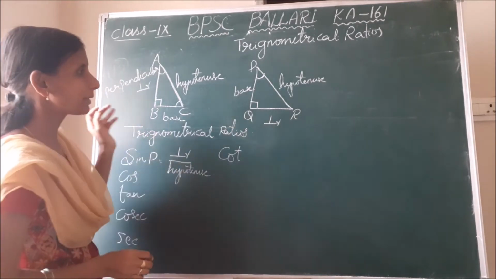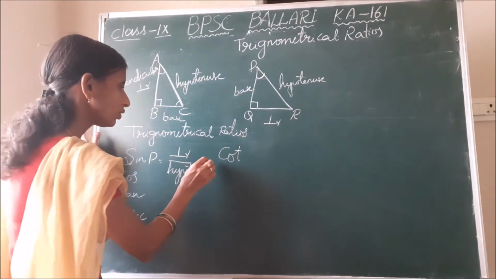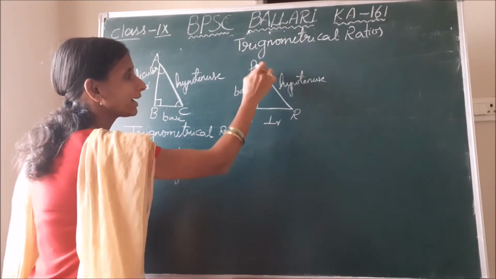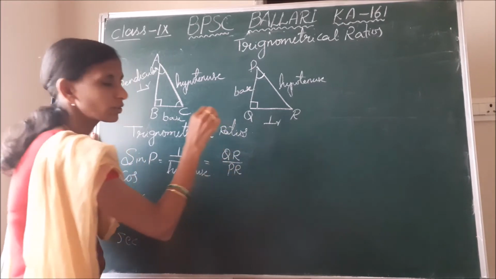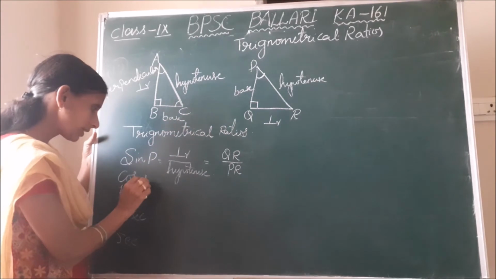Which is the perpendicular here? QR. Hypotenuse is PR. So this will be equal to QR by PR. Next, we have cos P.